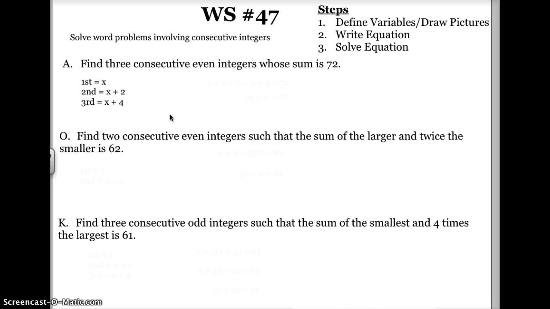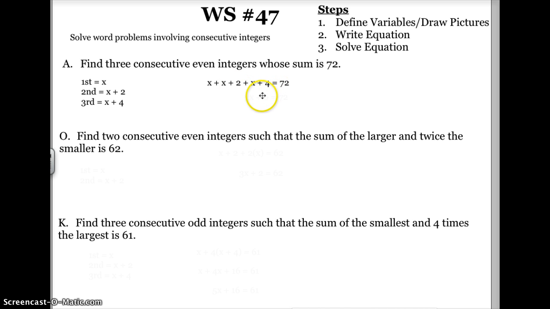Now, they say that the sum for those three numbers is going to be 72. So I have to write it in an equation, and what I'm going to write is x plus x plus 2 plus x plus 4 is equal to 72. So that's the first number, the second number, and the third number is equal to 72.